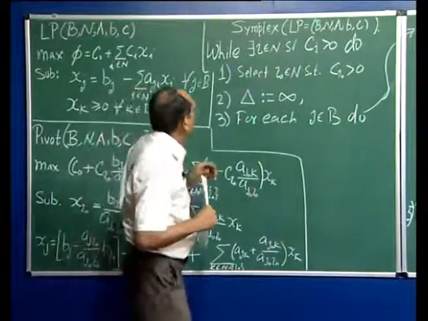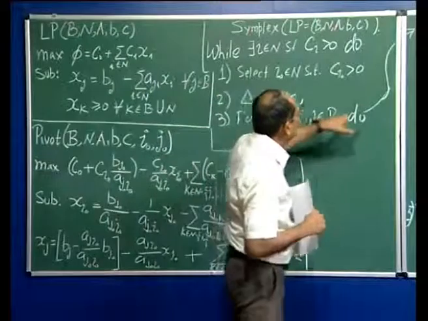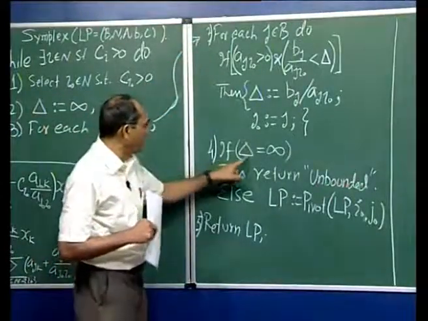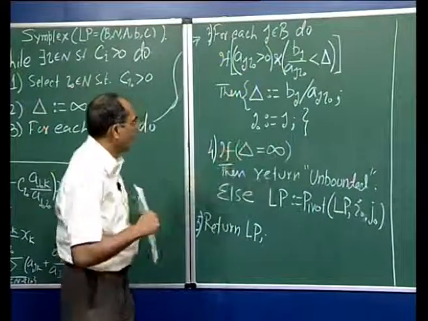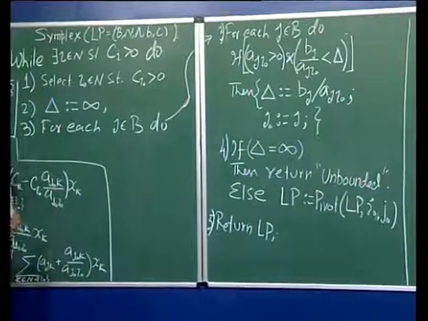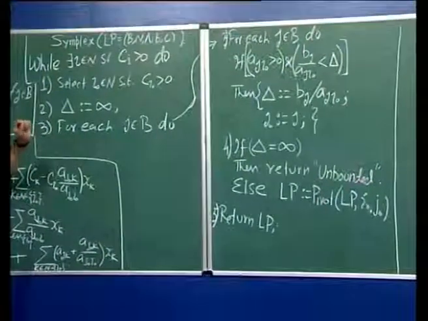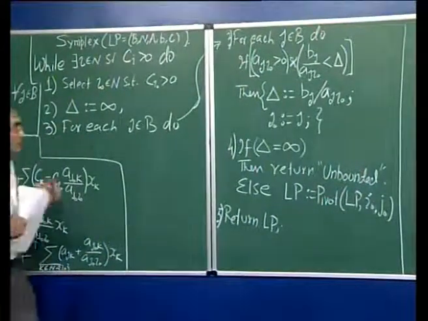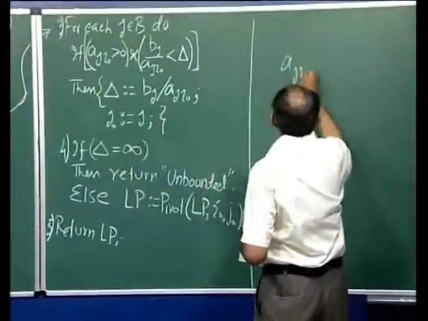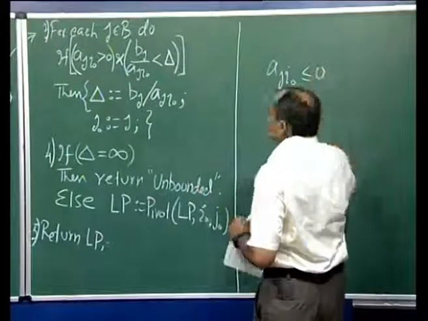In case we are in this loop and we come to this stage, we find that delta is infinity. Now, that, as we noticed, happens when for that particular choice of I naught, all A j I naught are less than or equal to 0.